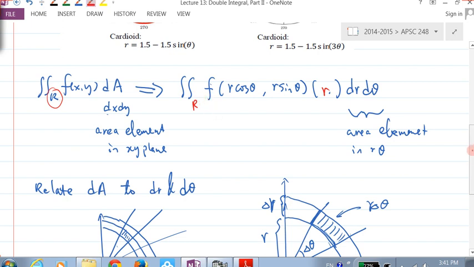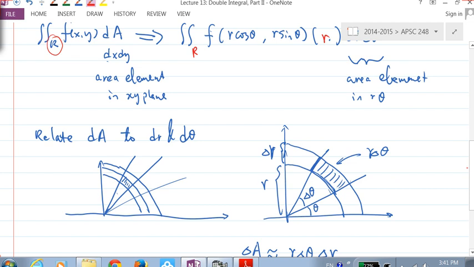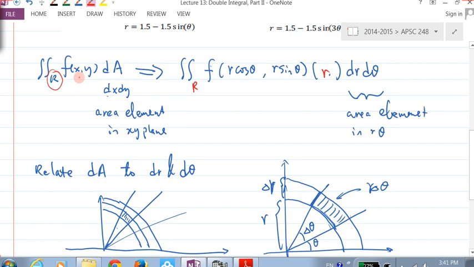But later, I'm going to show you a different case, a more generic transformation. In other words, you may not evaluate this in terms of x, y. Maybe you're not going to transform using polar. Maybe you're going to transform x and y into another set of variables, u and v.